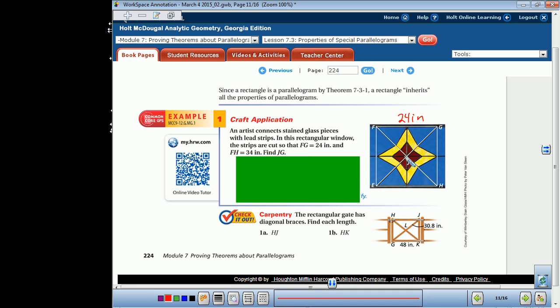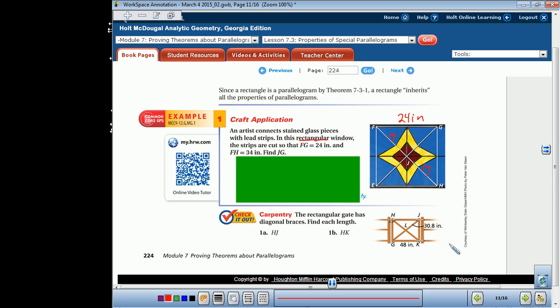Find JG. Okay, so if FH is 34 and we are told this is a rectangle, this would be 34 divided by 2, 17, and 17.